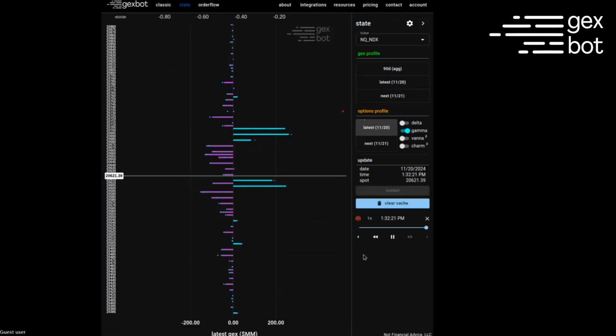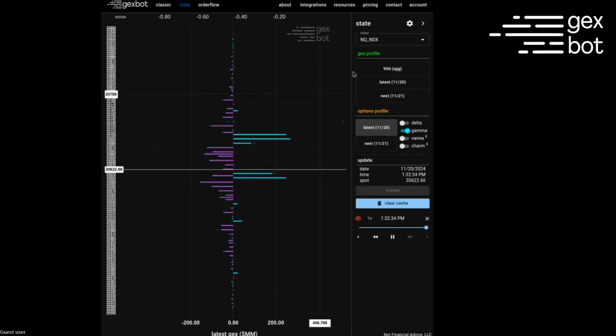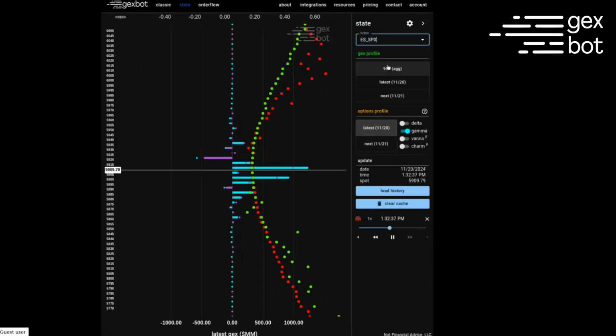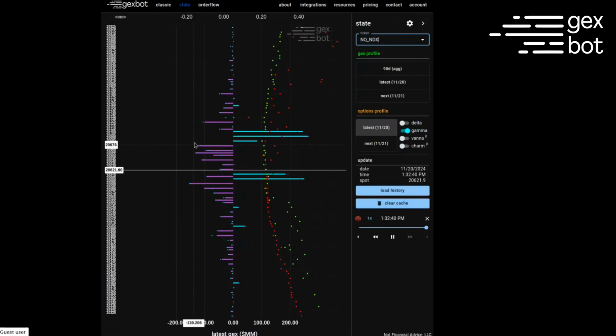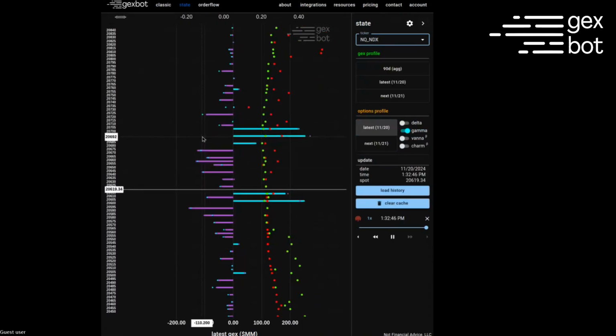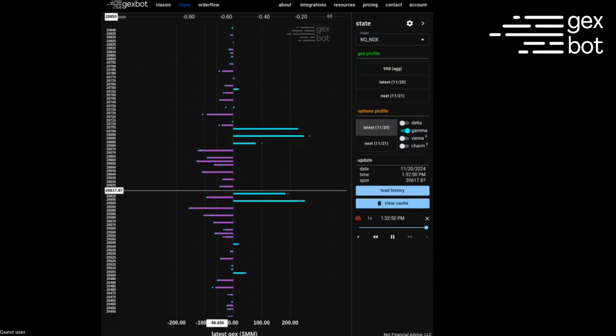Yeah, because the more you do it, the more you watch it, the more you get some knowledge into your eyes, so you recognize what's happening. And for instance, when the price went up to the top, it started to come down, and then on the left-hand side you got the purple bars, and those purple bars are like negative gamma, right?